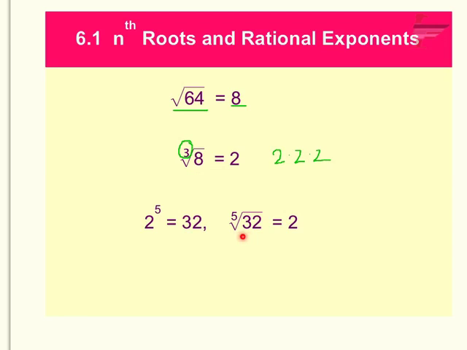We also have this expression where, because the 5 is there, the fifth root of 32 equals 2 because it takes 5 of those 2's. 2 times 2 times 2, 5 of those to get to 32. And that's kind of what this started out with. 2 to the 5th power is 32, so that means the 5th root of 32 gets you back to that 2.